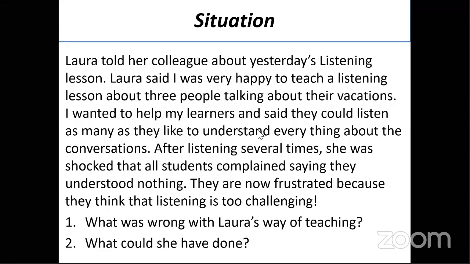After listening several times, she was shocked that all students complained, saying they understood nothing. They are now frustrated because they think that listening is too challenging. Question number 1, what was wrong with Laura's way of teaching? Question number 2, what could she have done? Thank you.